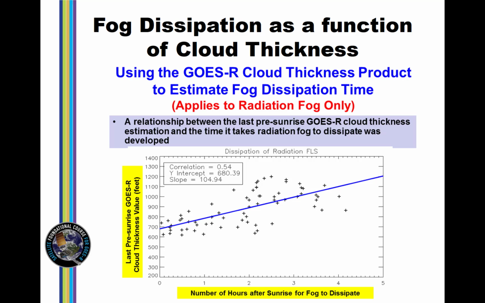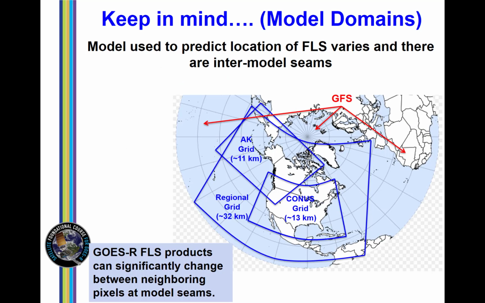A more robust way to use this might be to compare today's fog depth to yesterday's, if you're in a regime with multiple sequential foggy days, and adjust today's fog burn-off based on the difference in fog depth between yesterday and today.